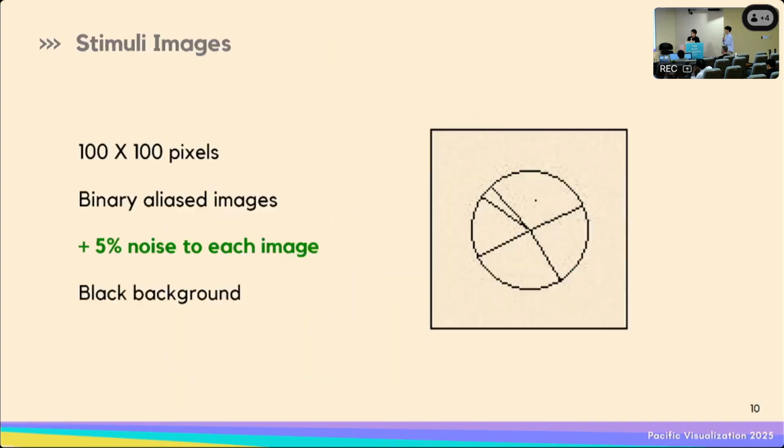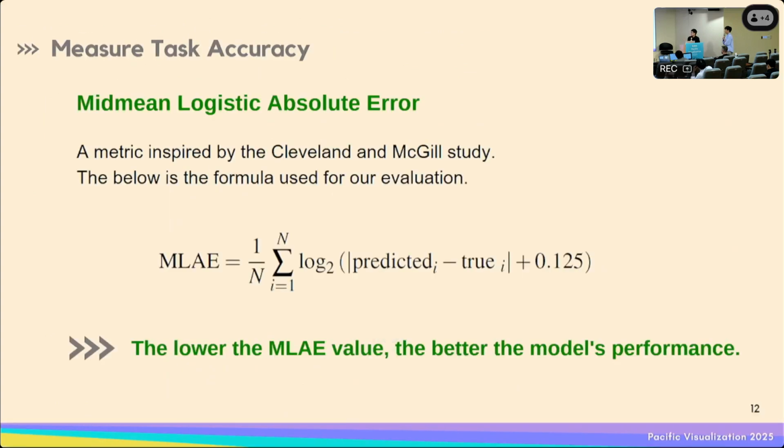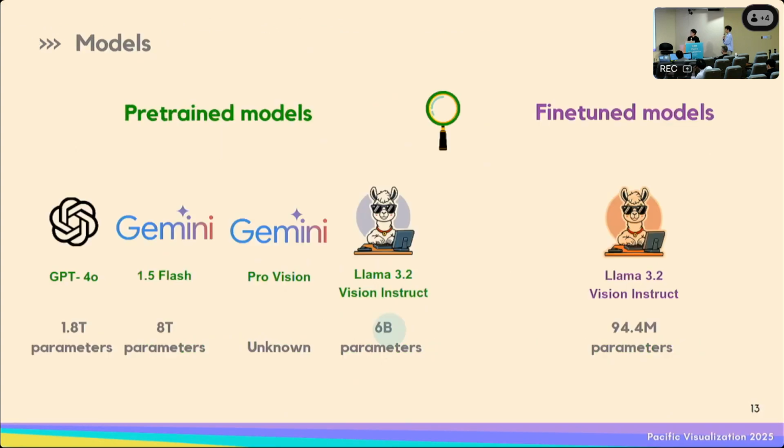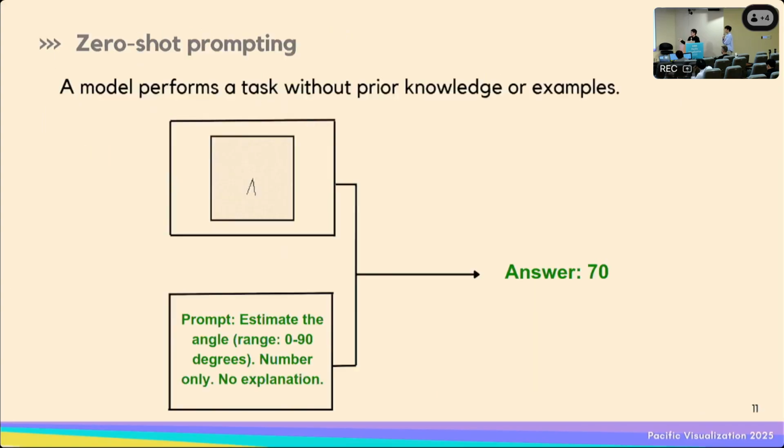So for all experiments, we follow the same format: estimate something and give the correct range or an invalid range, number only, no explanation. And that way, models can know what to answer, how to derive a numerical answer.